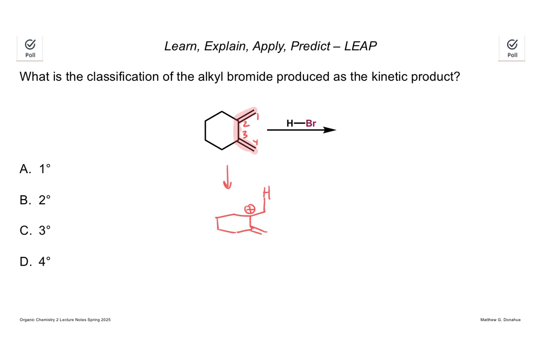We know that if that's trapped in the 1,2 fashion, we're now ending up with this product, and that would be a tertiary alkyl bromide.